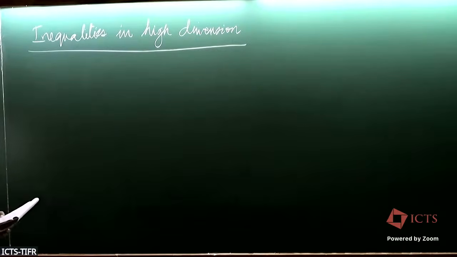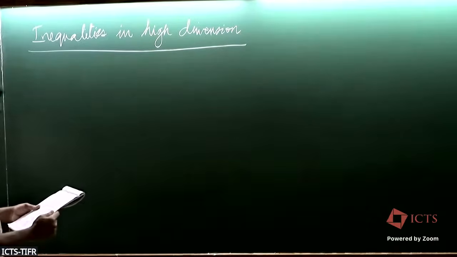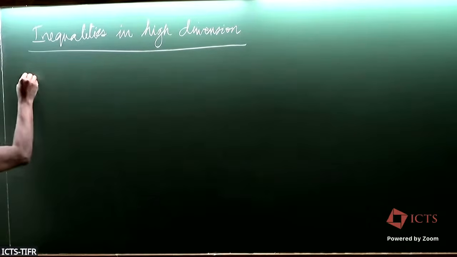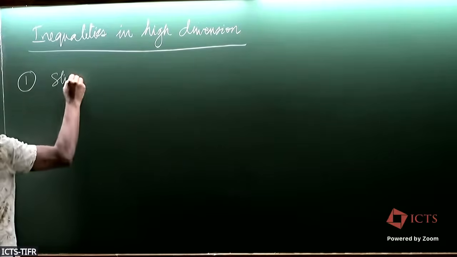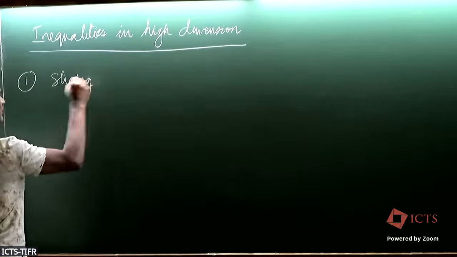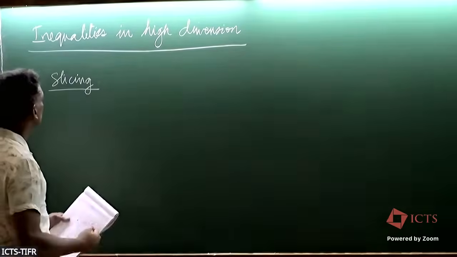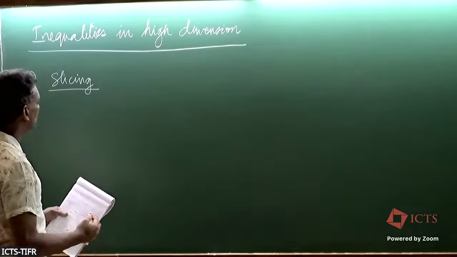I will just go ahead and state each one and mention a little bit about it. They do have something in common. So the first one is called slicing. This says the following.